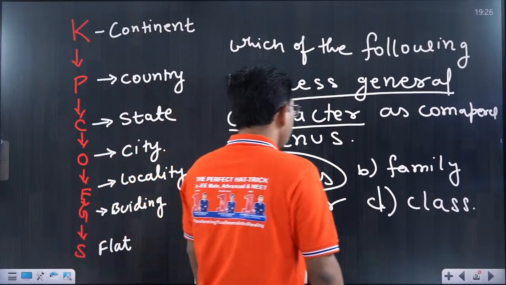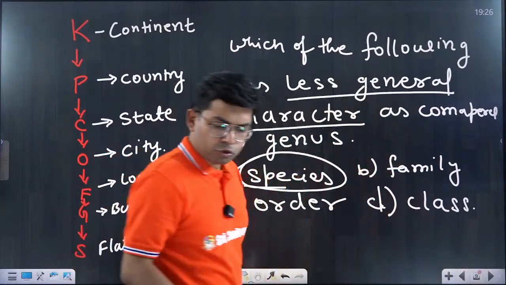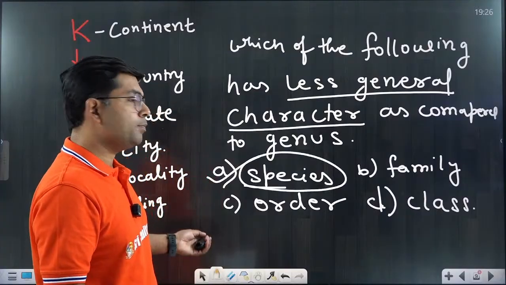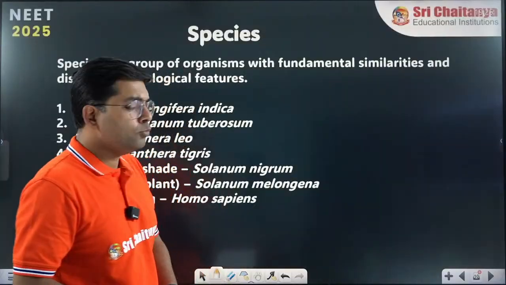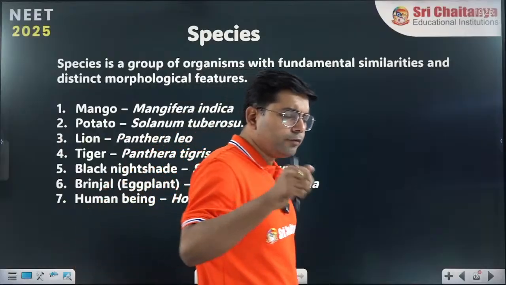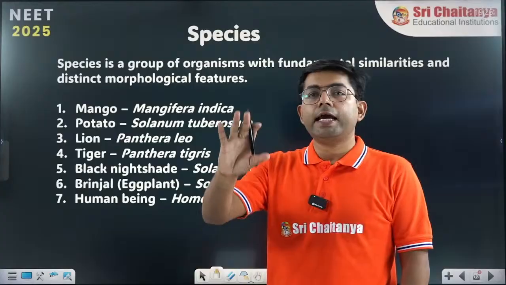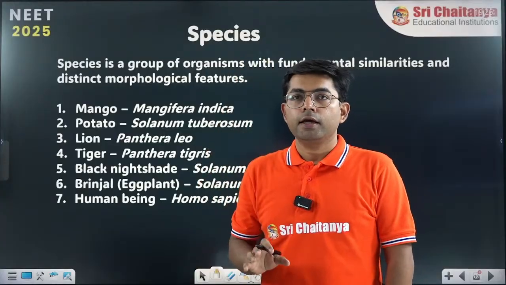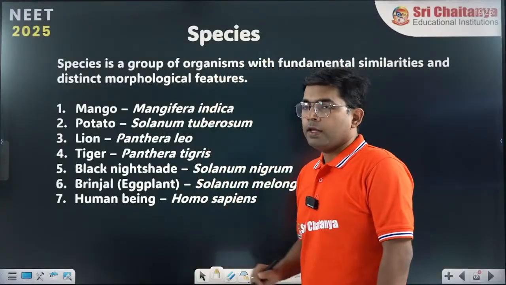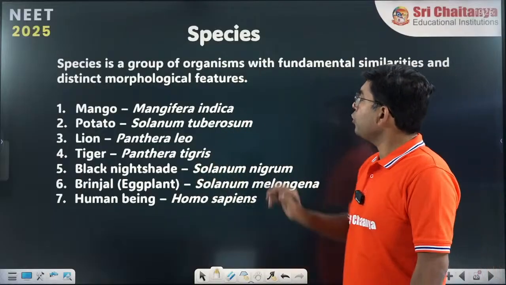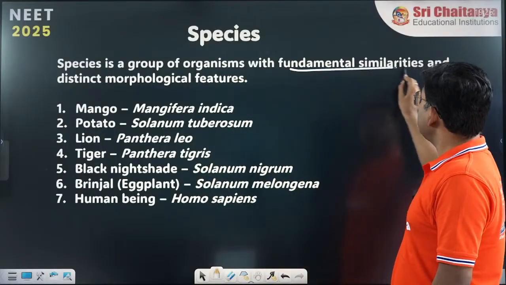Now if we move ahead, I think this part is covered. Now let's move ahead one by one. We will see all these specific categories. So the first and the basic category is the species. Species is the group of organisms with fundamental similarity.